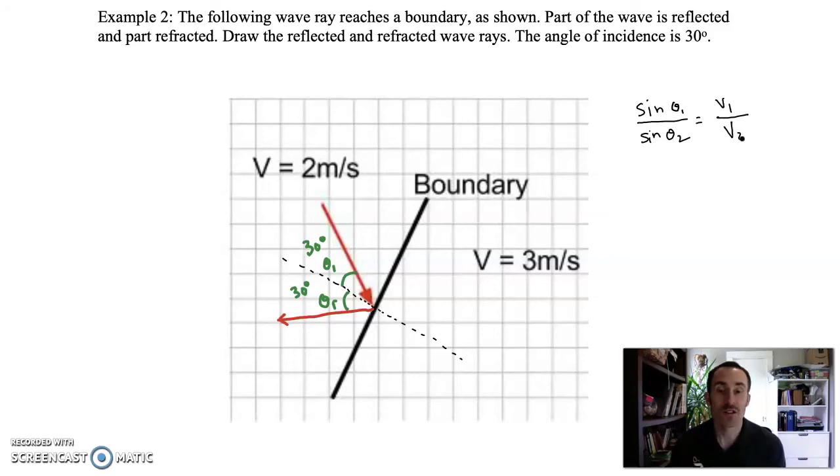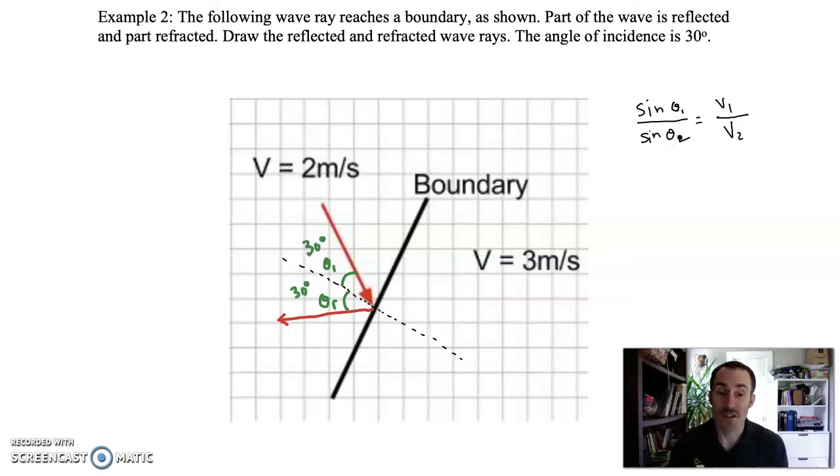That was one of the parts of that relationship that we discovered in the previous video. So we know v1 is 2 meters per second, we know v2 is 3 meters per second, and we know the angle of incidence is 30 degrees. So we can solve for the angle of refraction because we've got 3 pieces out of 4.